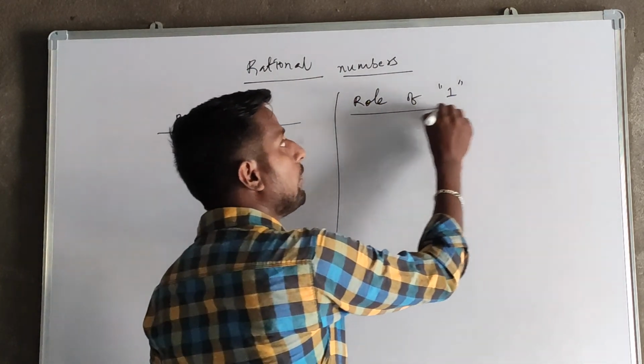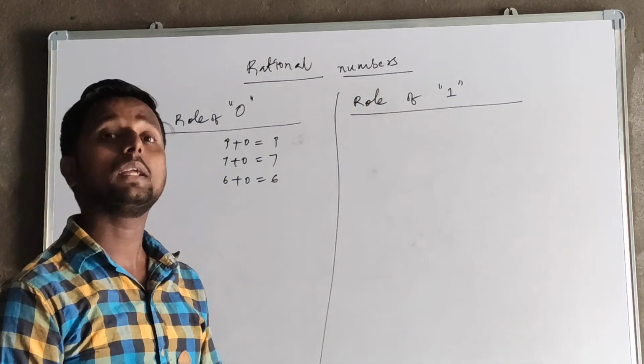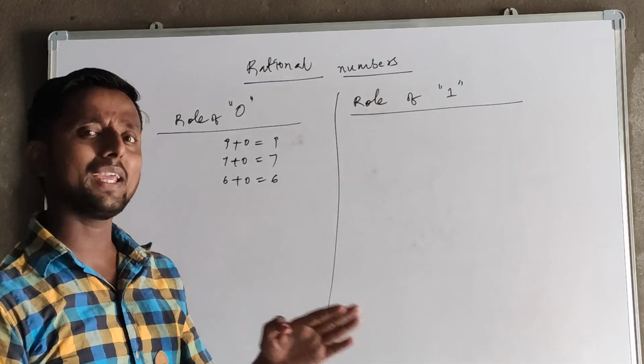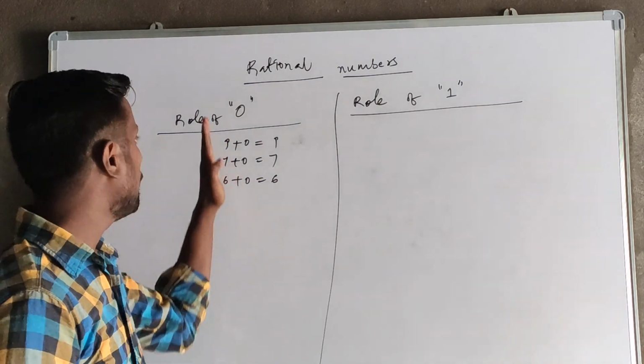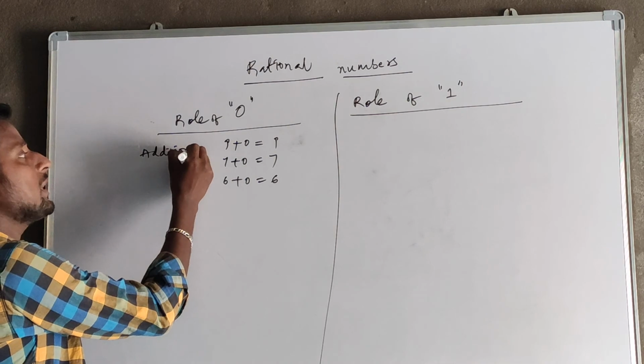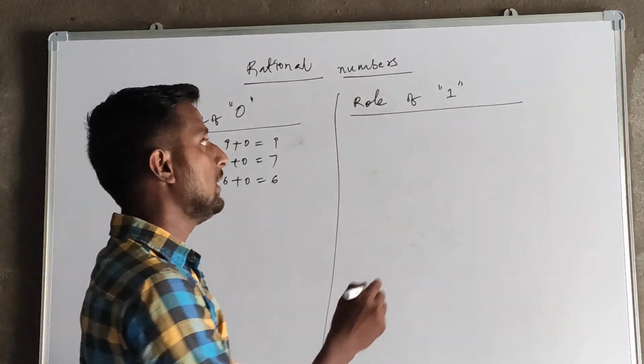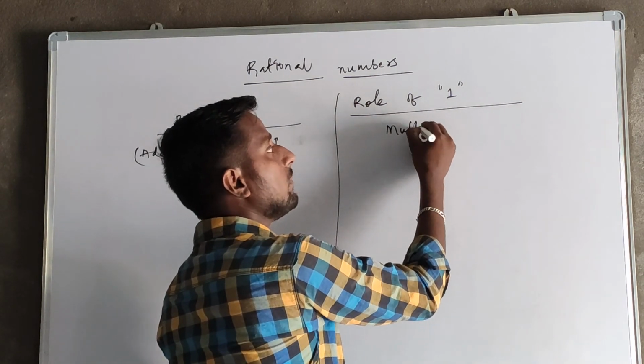Now if you look at 1, the 1 also does the same thing, but not in addition, in multiplication. Whatever 0 does in addition, the same thing happens with 1, but on the multiplication side. Can we check?